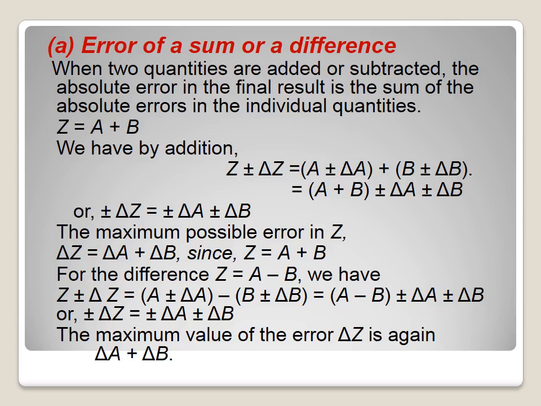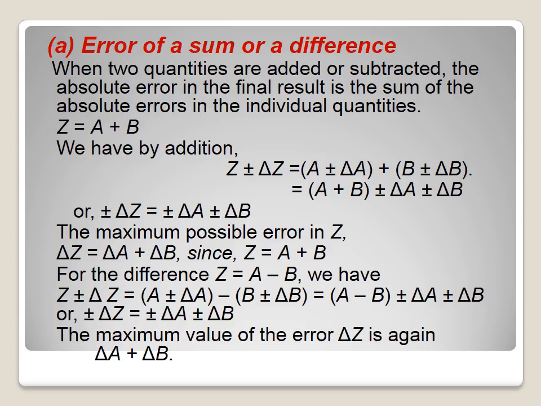Then the maximum possible error in Z, delta Z, is equal to delta A plus delta B, since Z is equal to A plus B. For the difference, Z is equal to A minus B.